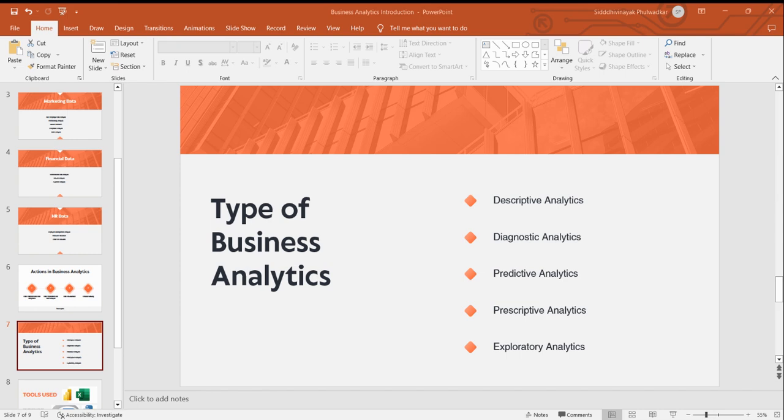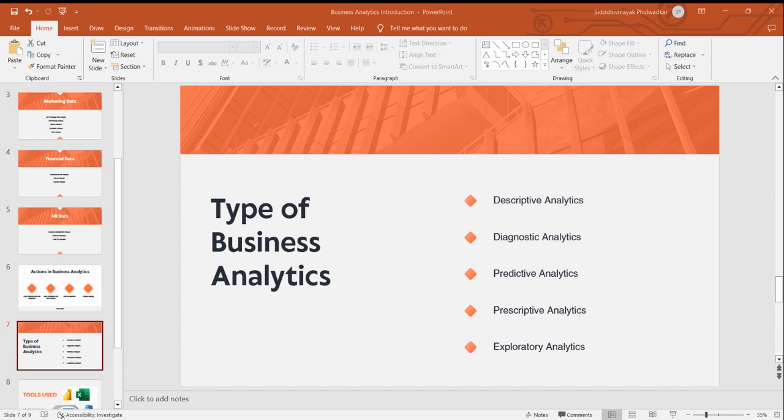As a business analyst, you have to perform descriptive analysis and tell all the possible descriptions and explanations about your data set. That is descriptive analysis. Don't worry, I'm going to give you at least five different practical examples for each and every analysis.